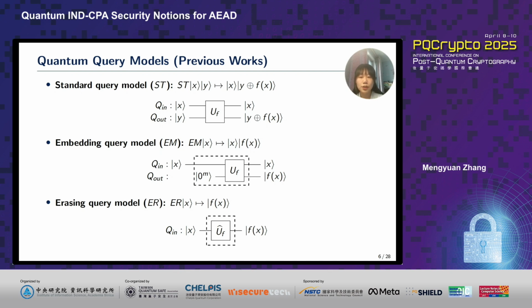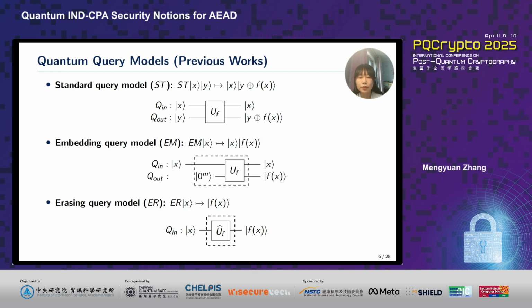The main difference between the embedding query model and the standard query model lies in how the output register, that is Qout, is initialized. The standard query model allows the adversary to initialize the output register to any quantum state |y>, while the embedding query model fixes the initial state of the output register to |0>.